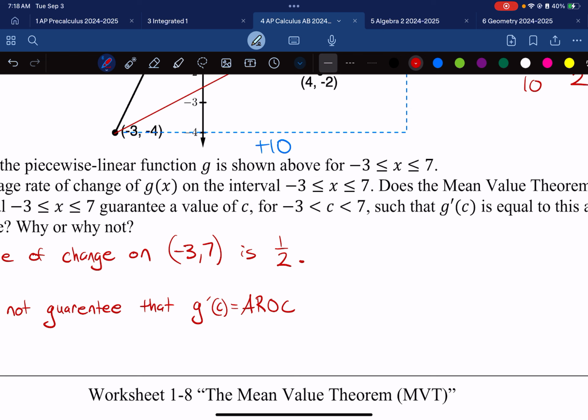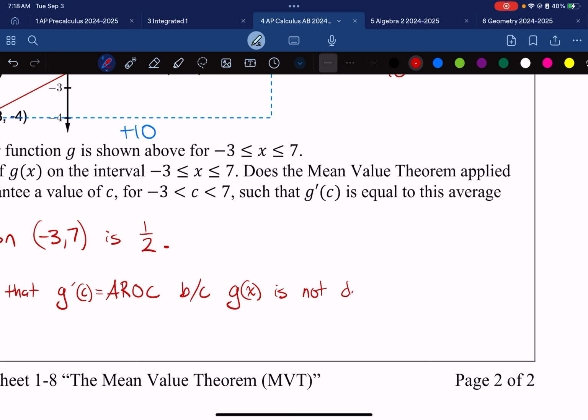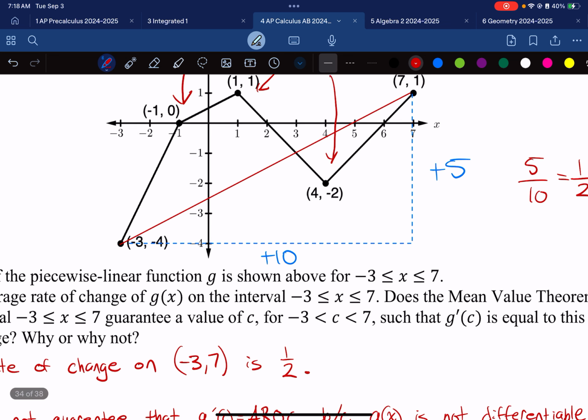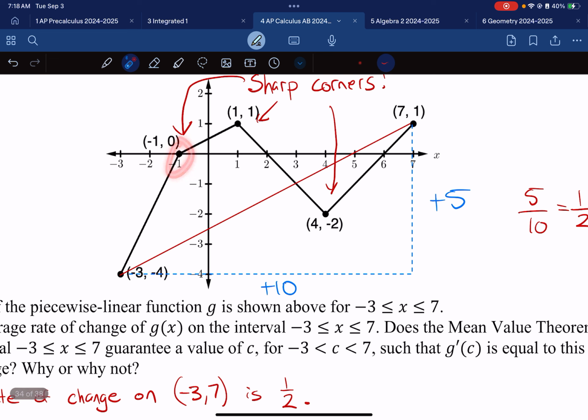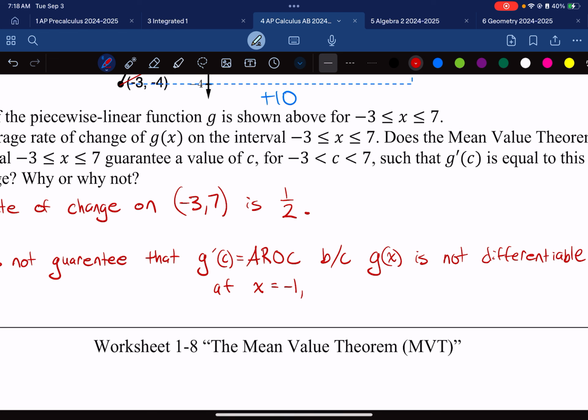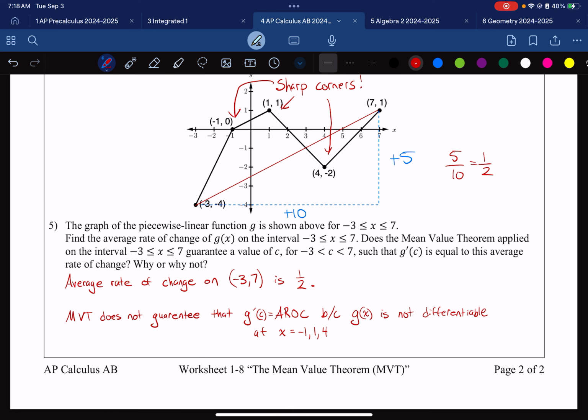Why? Because G of X is not differentiable. Specifically, at X values, what was it? It was here: -1, 1, and 4. That's all you need to say. It doesn't guarantee it. Cool.